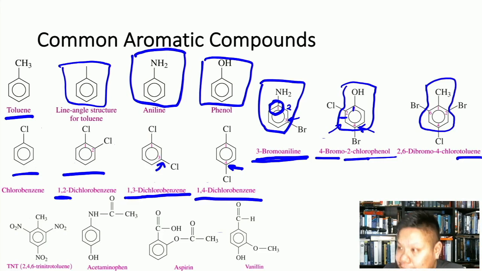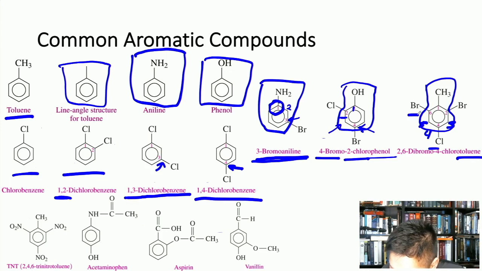This one has bromines on both sides, so it doesn't really matter which direction you go. It's the same on both sides. So we'll just go 2 there for that first bromine. Nothing on the third carbon. The fourth carbon has a chlorine on it, and then the fifth carbon has nothing, and the last bromine is on the sixth carbon.